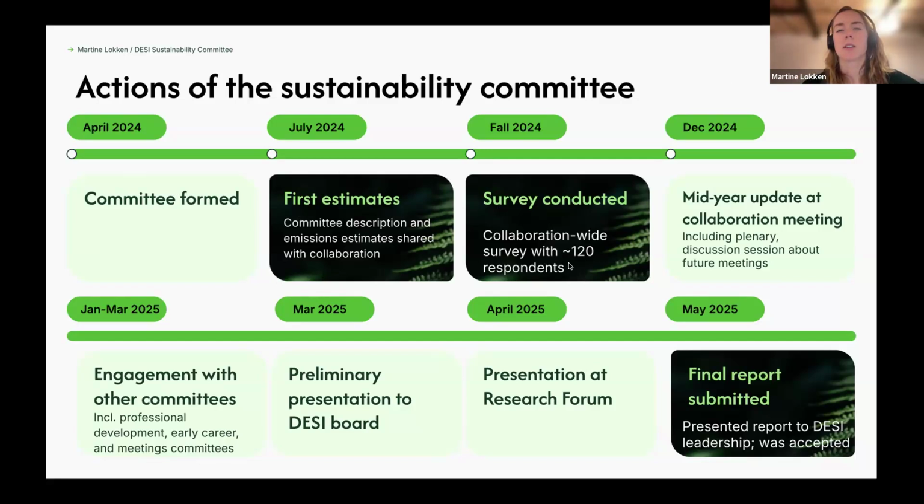Our collaboration in total is close to 1,000 people, but a lot of those members aren't very active, so in terms of our active membership, this isn't so bad. We did some updates, engaged with other committees, and presented to the board. Then eventually we submitted this final report in May of 2025. So it's been close to a year since the final report was submitted, and that's why at the end I'll talk about the actions we've taken since then. This was an ad hoc committee, so it is currently no longer active.